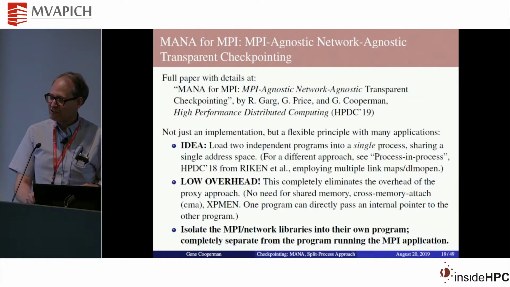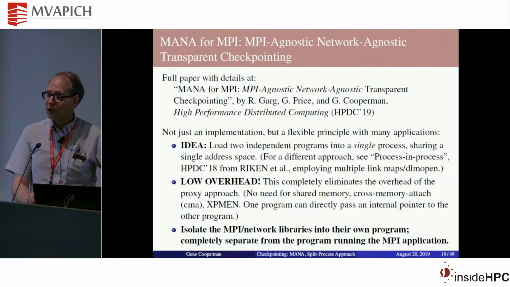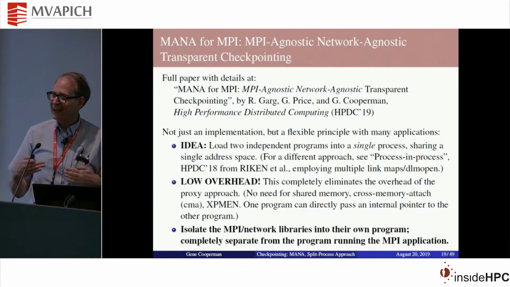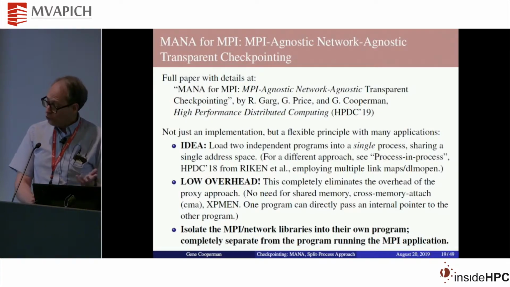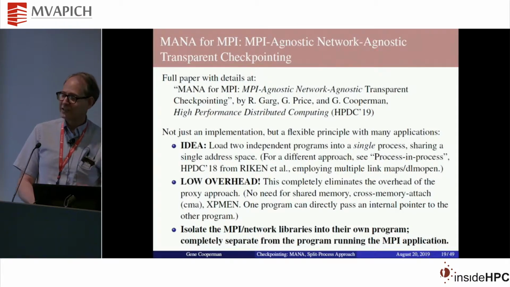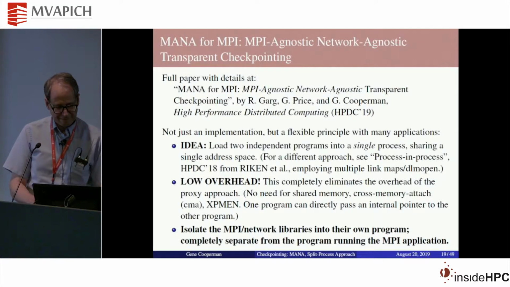And the MPI program sees all of the address space, including the address space of that upper half program which runs the application. So now we are no longer hiding each program from the other one. We've gotten rid of that isolation. Normally in Unix or Linux, isolation is a good thing. But here it's a bad thing. And so we're working a little harder to get rid of that isolation.